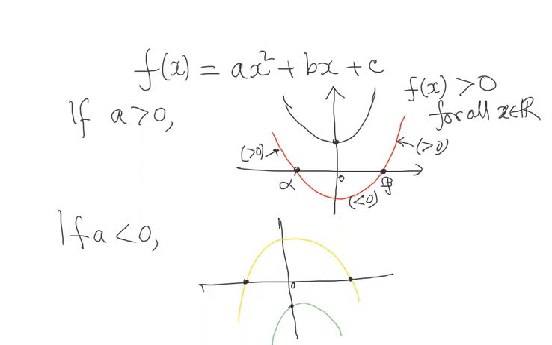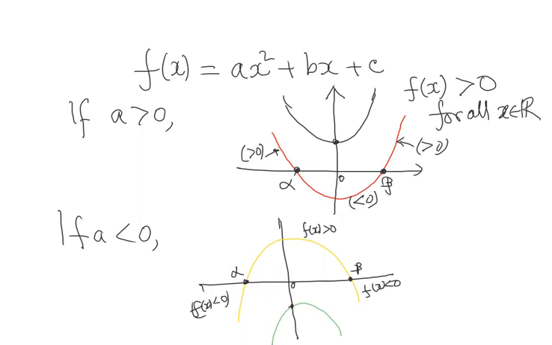If a is less than 0, then the curves can be of this kind, the yellow or the green. Again, the yellow curve takes both kinds of signs. Here f(x) is less than 0, here it is greater than 0, and again here it is less than 0.